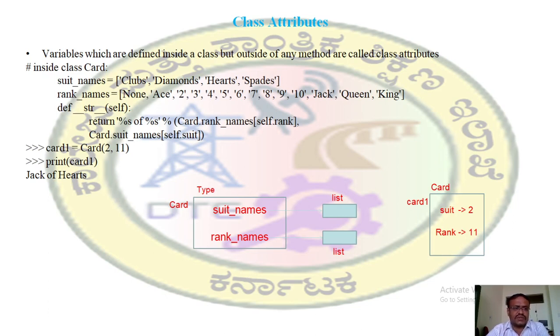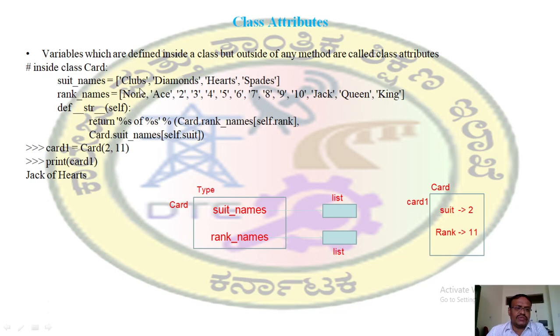Let us look at one example here. Suit names and rank names are considered attributes because they are inside the class but not inside any of the methods.